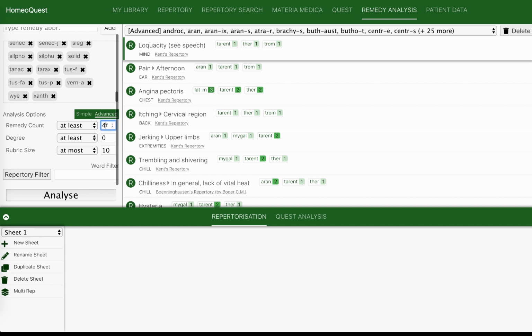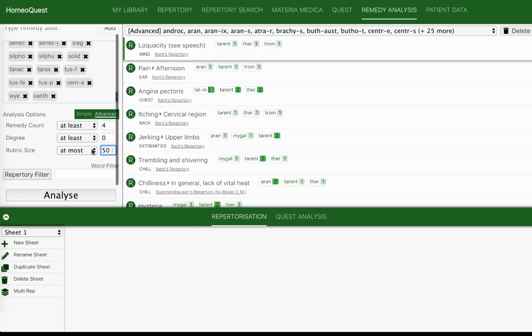We want at least 4 remedies from this family in the common rubrics. The other thing we want to do, let's not worry about the degree size, but let's restrict the rubric size. So at most, let's have 50 remedies, because this is a big group. We can go a bit smaller, so we get a much more fine-tuned search.